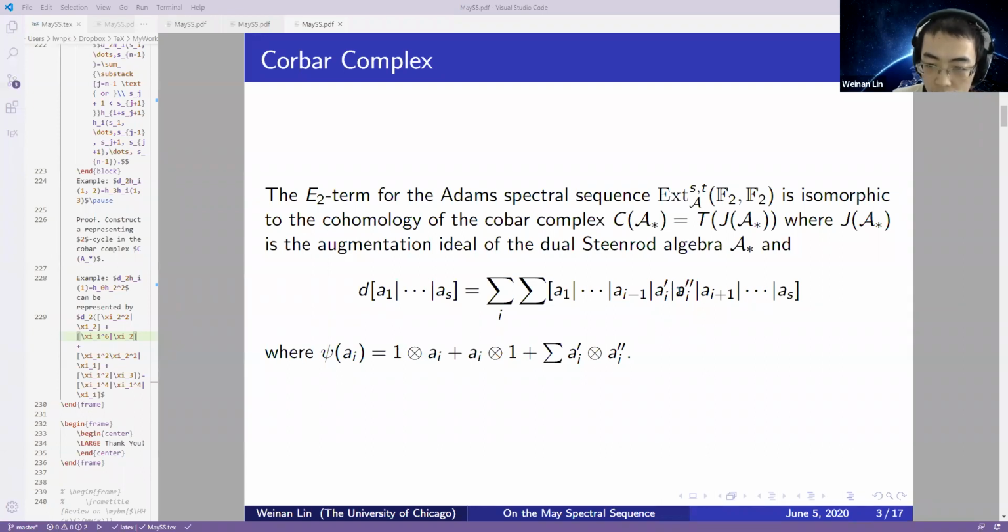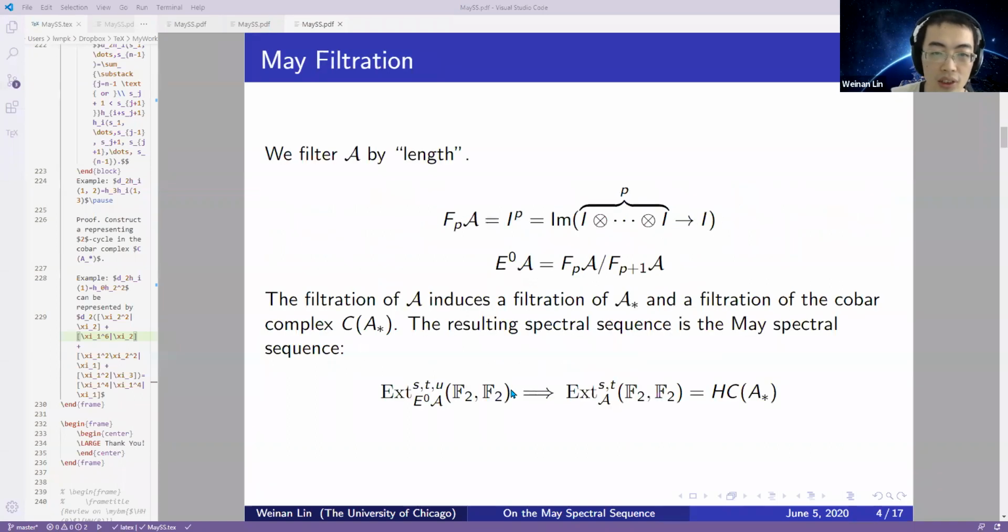So a_i' tensor a_i'' is the non-trivial part of the coproduct of a_i. Okay, but usually people will not use this cobar complex to compute that, because we all know that the cobar complex is huge, so it's just hard to work with.